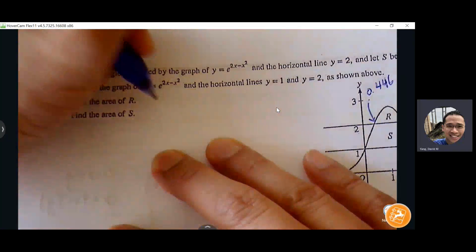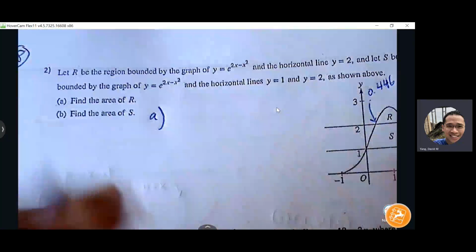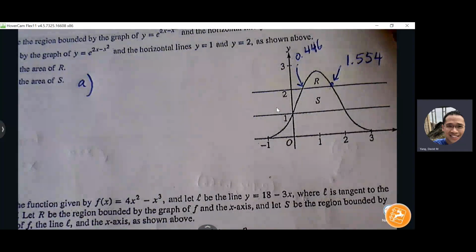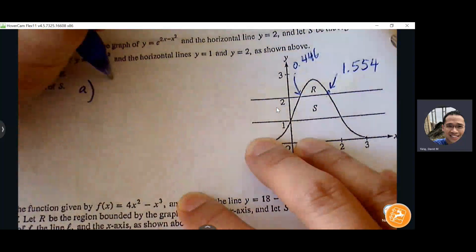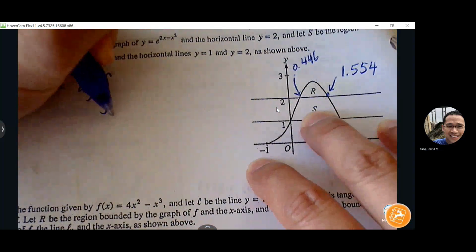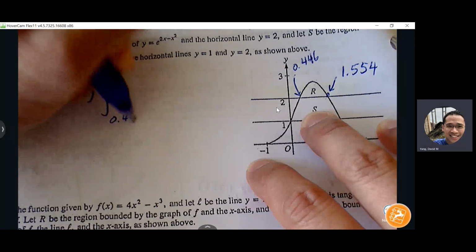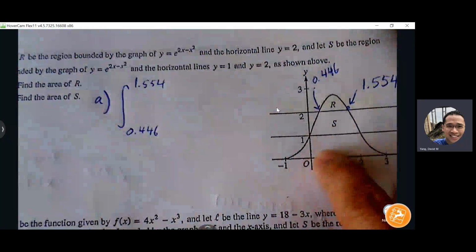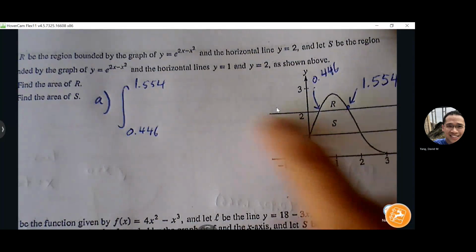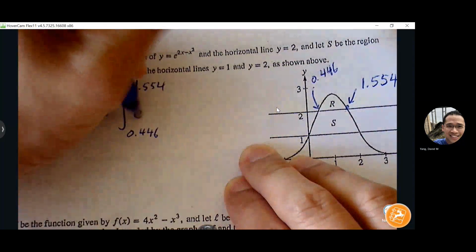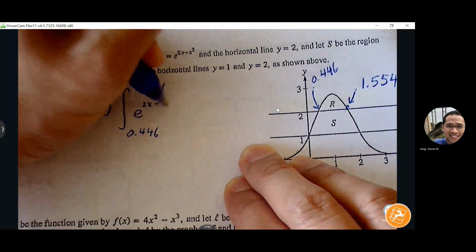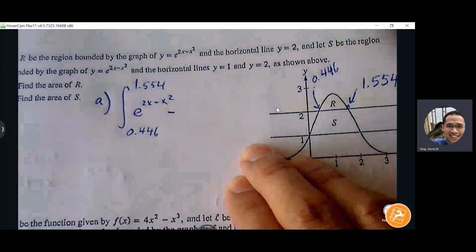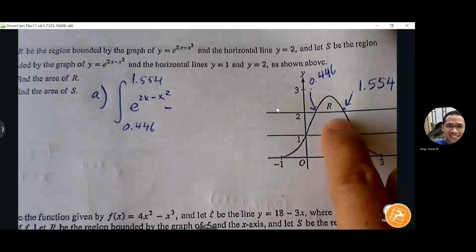All right, so this area for part A should be pretty straightforward because we can just do the definite integral, top minus bottom, from 0.446 to 1.554. Okay, what's the graph on top? The curve, right? What's the graph on the bottom? 2. Yeah.